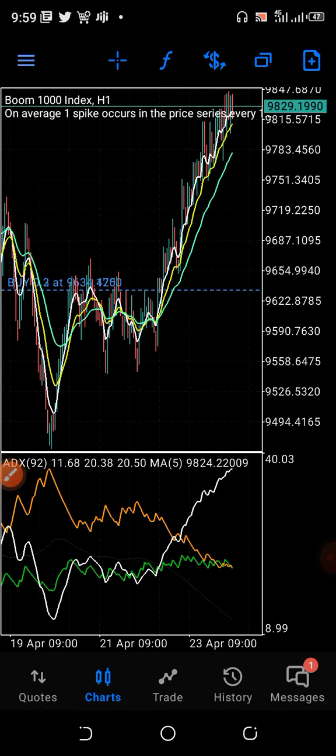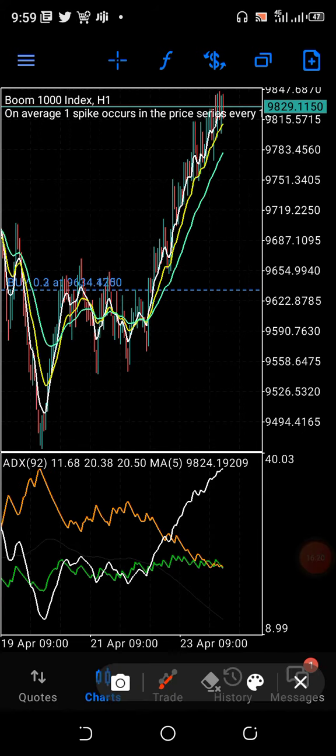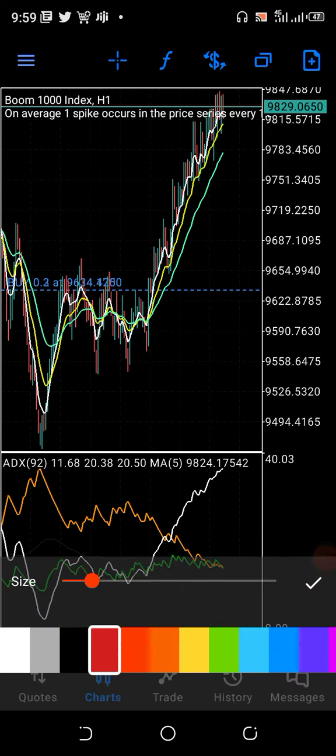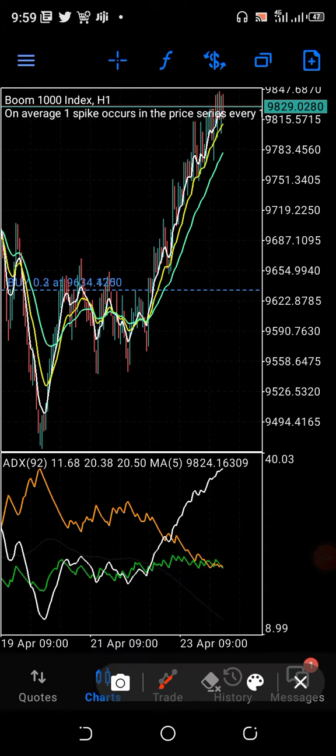Always know if the market is forming a consolidation area. If the market is forming a consolidation area, what it means is that the market will make a move as if it's going to be bullish, only for you to see that it will stop near the last spike or last bearish movement.